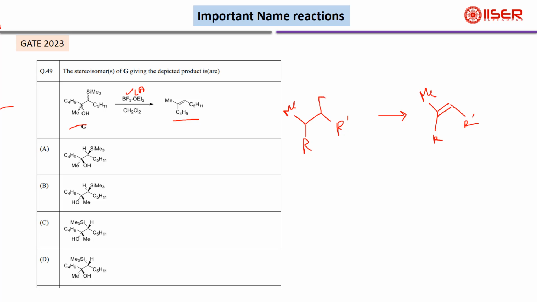The silicon and the oxygen should be anti to each other.